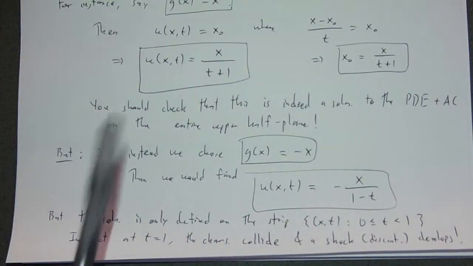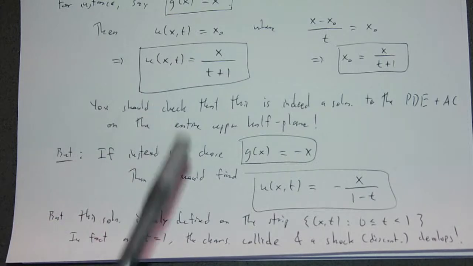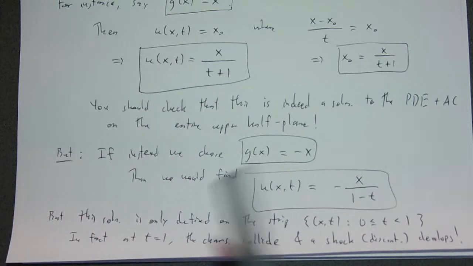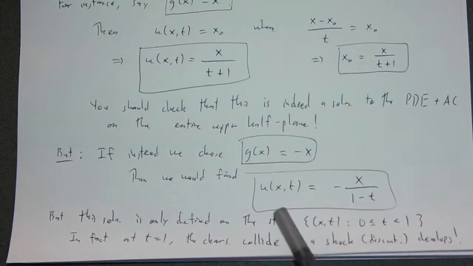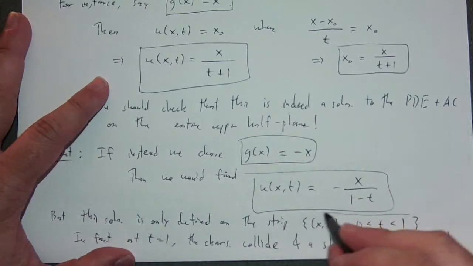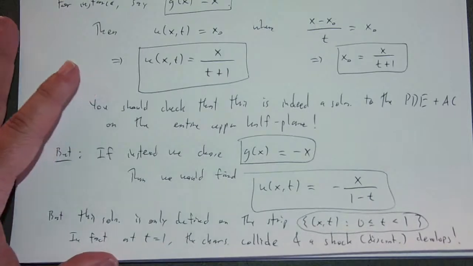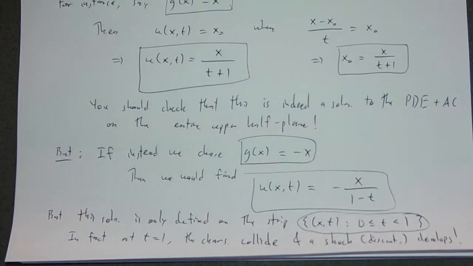So I chose g of x equals x. I got a solution on the entire upper half plane. I chose g of x equals minus x. I got a solution on a strip, but not the entire upper half plane.